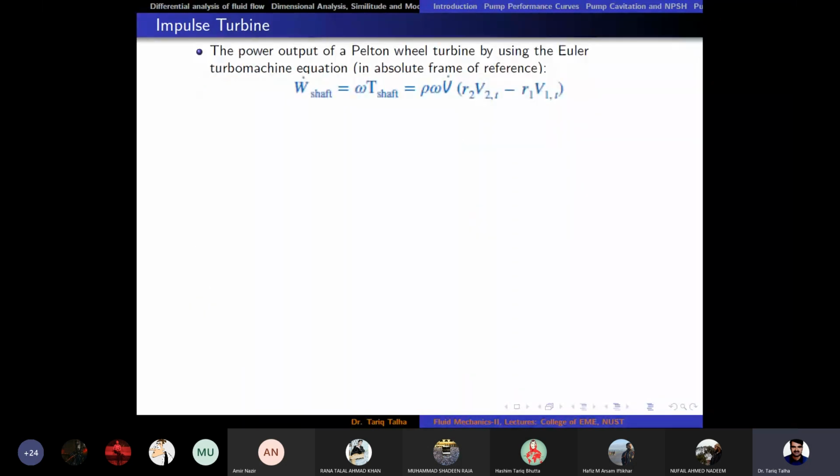So, if we want to write the power output of our Pelton wheel, it is basically the rate of change of momentum. So, basically, it is the angular momentum at the inlet minus angular momentum at the outlet. Now you need to understand one thing here, which I found a little bit confusing in the book. Here V2T is the inlet velocity and V1T is the outlet velocity from the bucket.